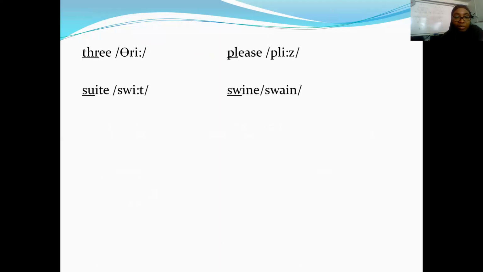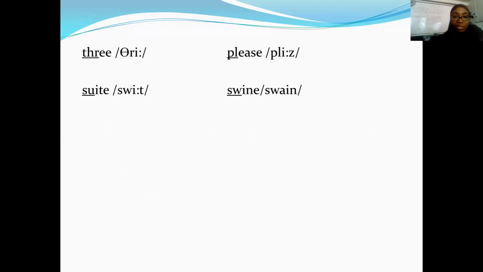You have more words with consonant clusters at the initial position. On your screen are more examples. Look at the orthography of the word three. Transcribed, you have only 2 consonants in the cluster, but when you look at it in terms of the alphabet, it contains 3. So don't be deceived.